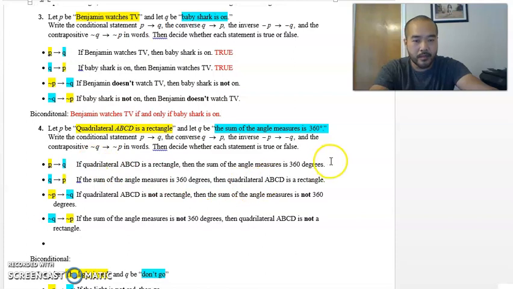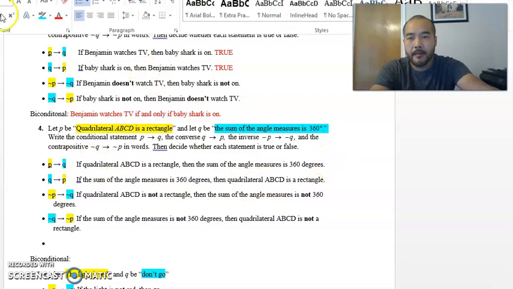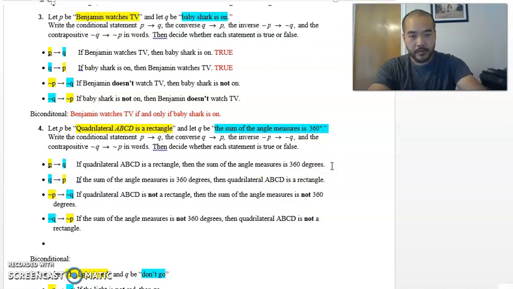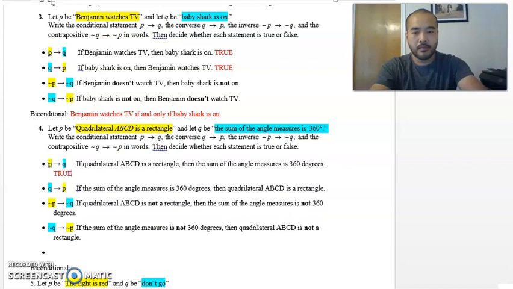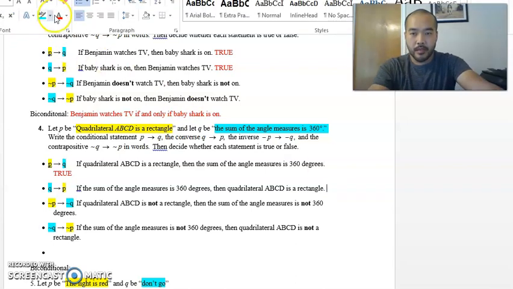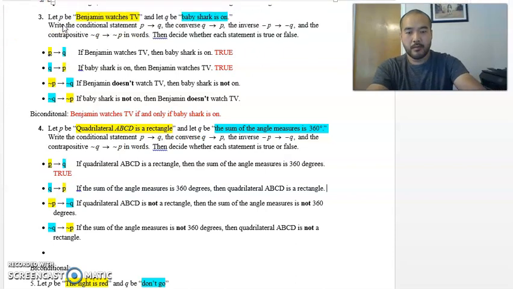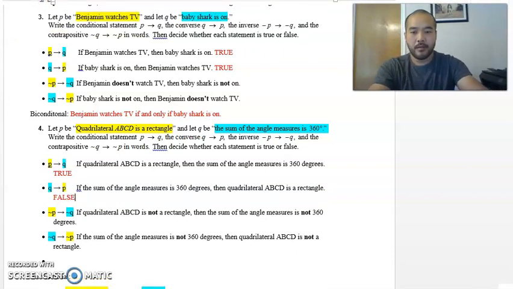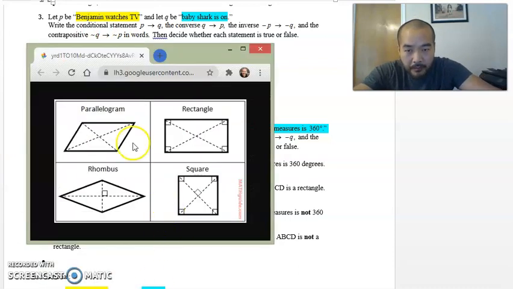So let's look at this one. If quadrilateral is a rectangle, the angle measures sum to 360 degrees. Yes, this is true. If the sum of the angle measures is 360 degrees, then quadrilateral ABCD is a rectangle. This one is not true. False. The reason why, right here, here's a rectangle.